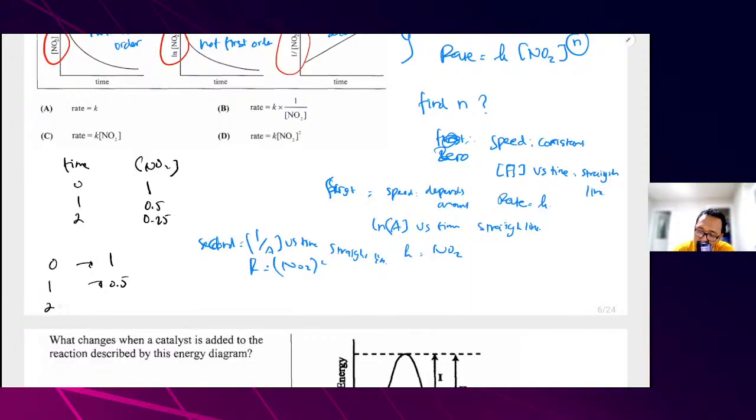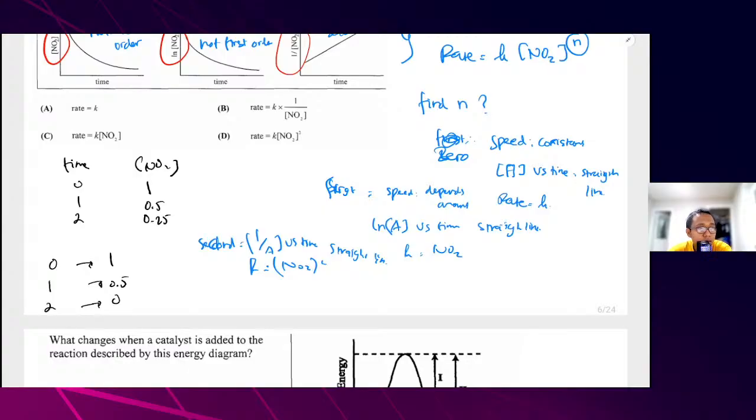And then if time is 2, it should not be 0.25, it should be 0. Okay, it should be 0.